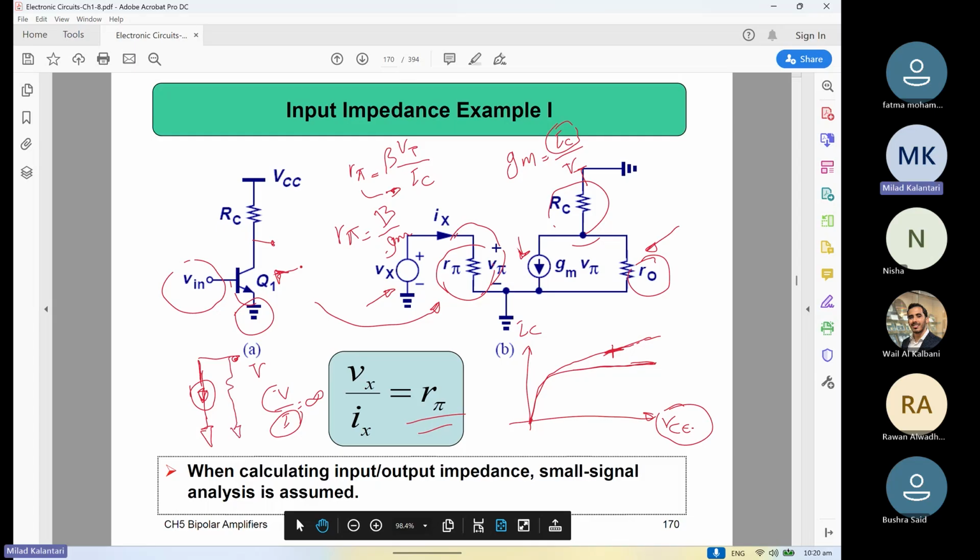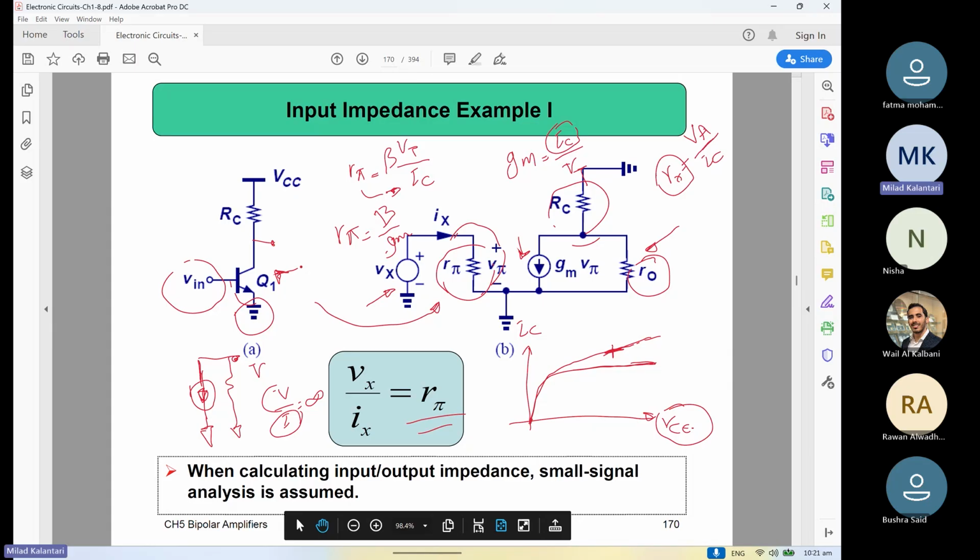There is some output resistance, and you can calculate it as a voltage term called the V early factor divided by I_C. So this resistor is a big resistor. What you need to know is that the output resistor is basically a big resistor. R pi is not too small, not too big, but R_O is usually considered the big resistor.